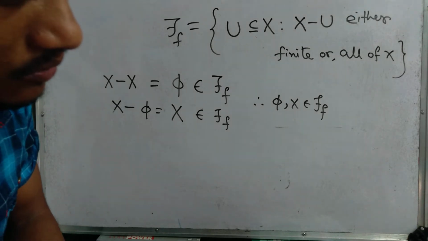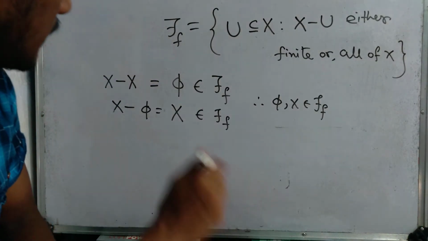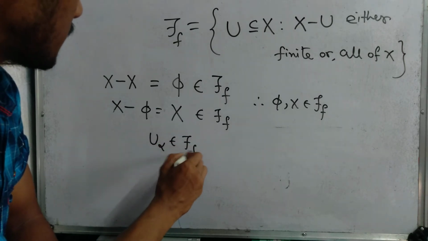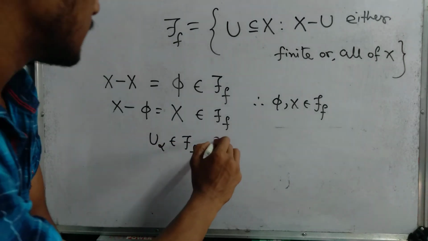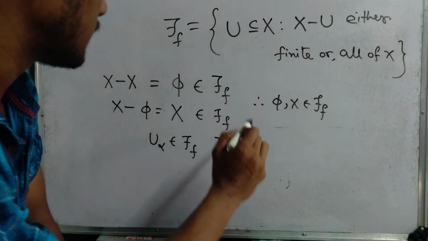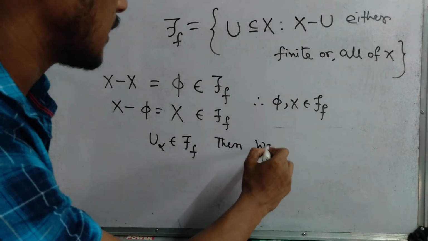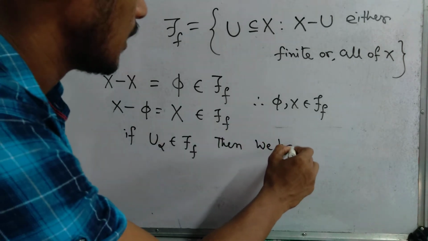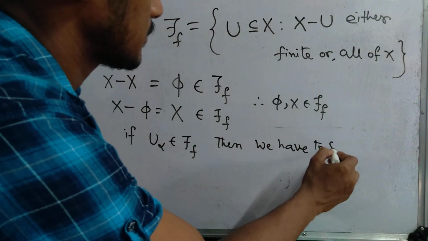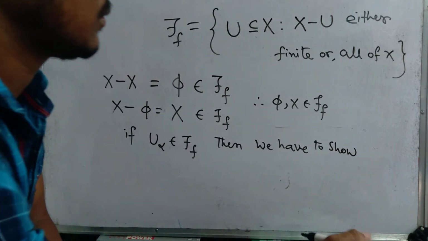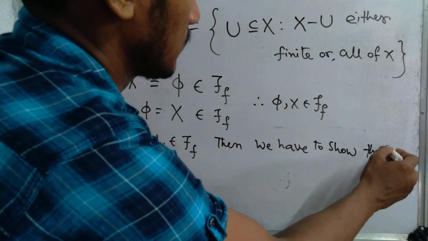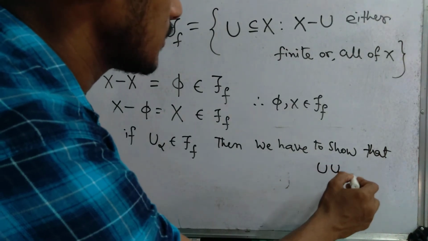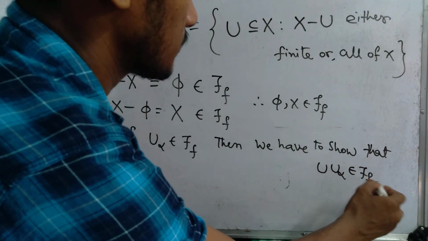Now we take U alpha belonging to tau f. We have to show that the union of U alpha belongs to tau f.